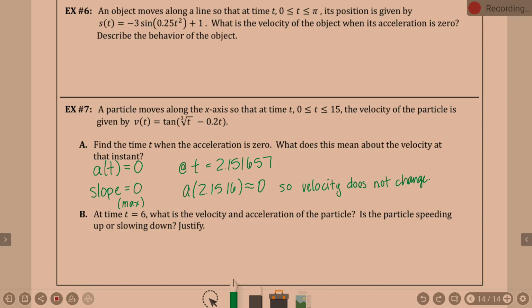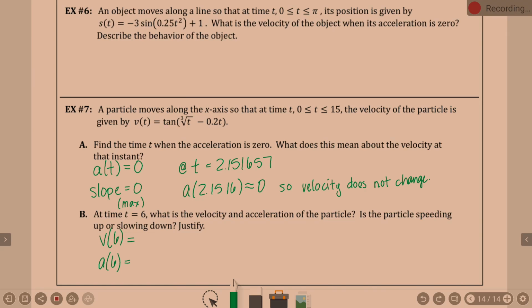Part B, I feel like we've done that one a lot today. What is the velocity and the acceleration? And then are you speeding up or slowing down? We just graphed that, didn't we?